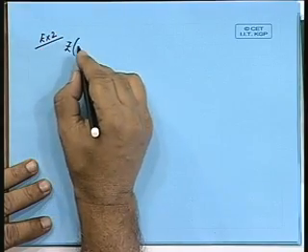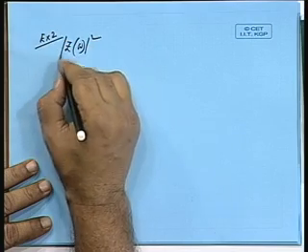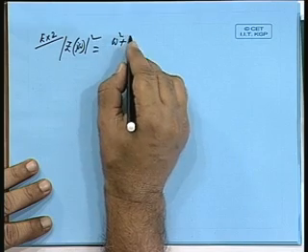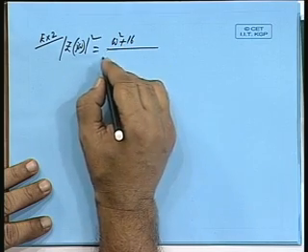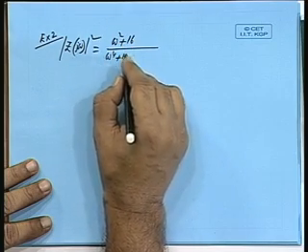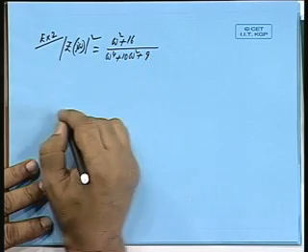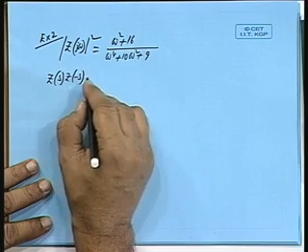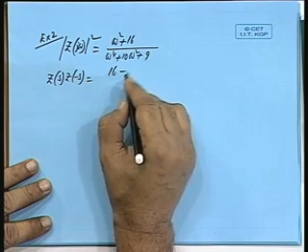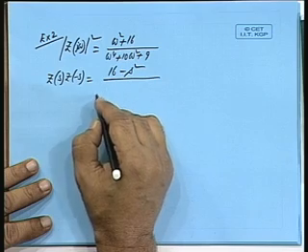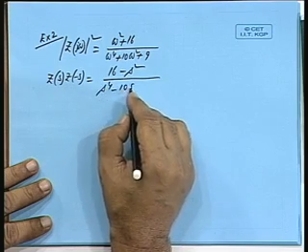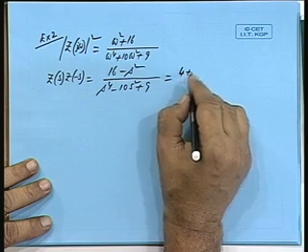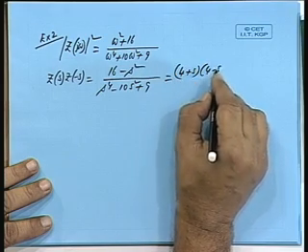|Z(omega)| squared is equal to (omega squared plus 16) by (omega to the power 4 plus 10 omega squared plus 9). So, I can write Z(S) into Z(minus S) as (16 minus S squared) divided by (S to the power 4 minus 10 S squared plus 9), which gives me (4 plus S) into (4 minus S).